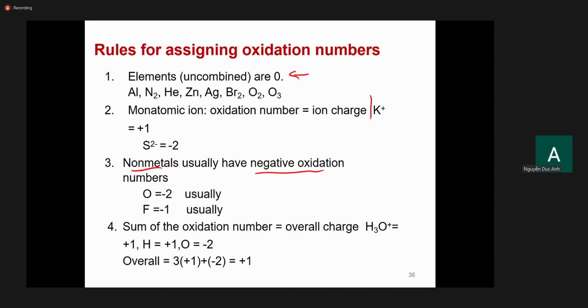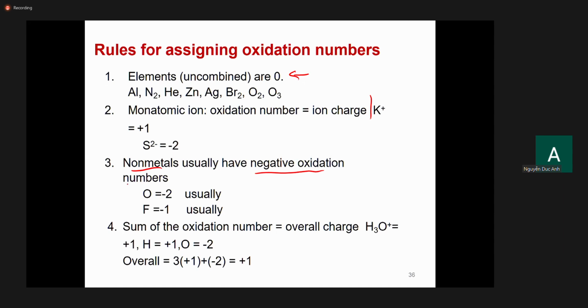And the last rule for assigning oxidation numbers is that the sum of oxidation numbers equals the overall charge. It means that for a molecule with neutral charge, the sum of all the oxidation numbers inside that molecule is 0.